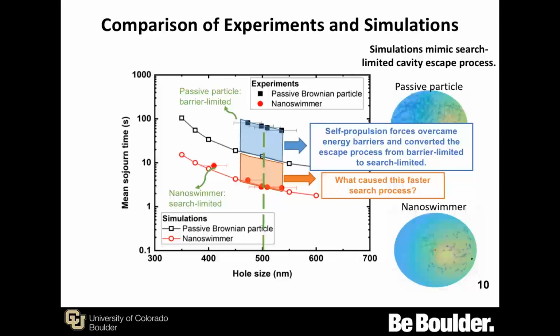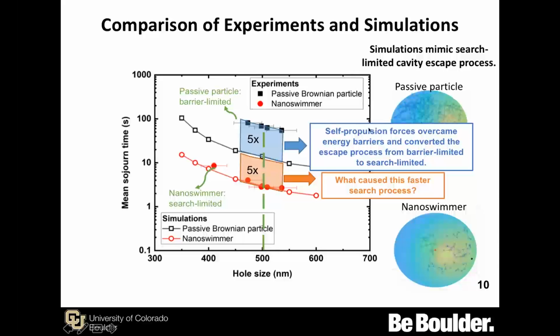To answer this question, I want to take a particular example. If we just look at this one hole size of about 500 nanometers, what's the difference between the passive particle and the Nanoswimmers? We can see that the total difference is about 25 times.